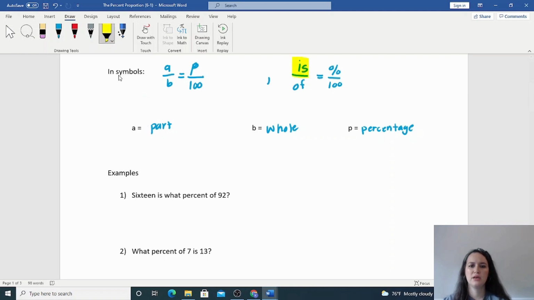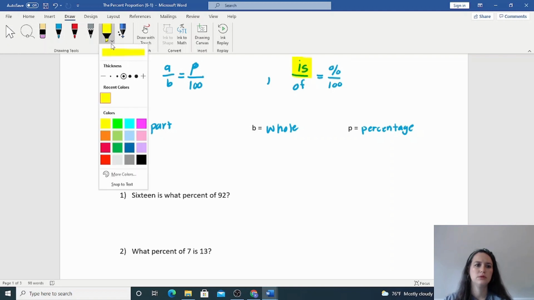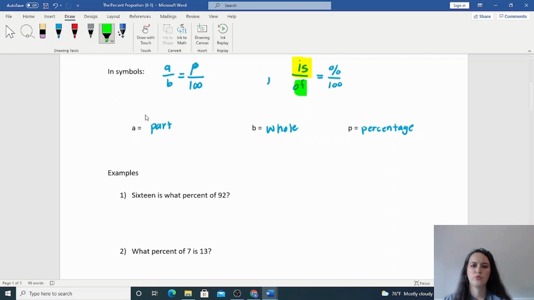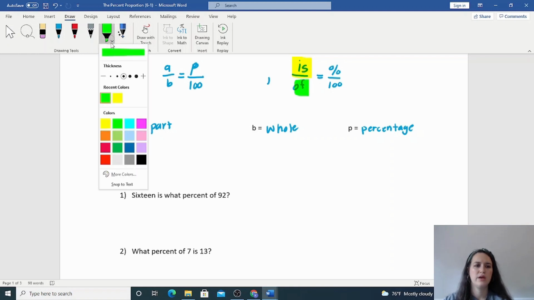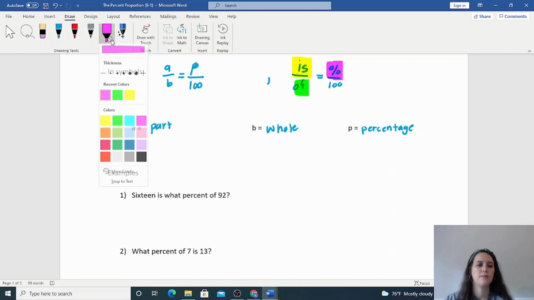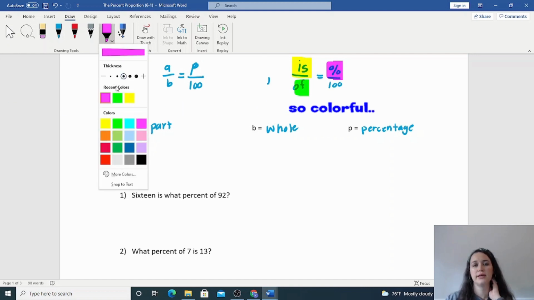I'll make is yellow, of green, and the percentage pink. If you're a visual learner, I suggest doing this on actual worksheets that you get in class from your teacher. It'll help you outline what is what part.